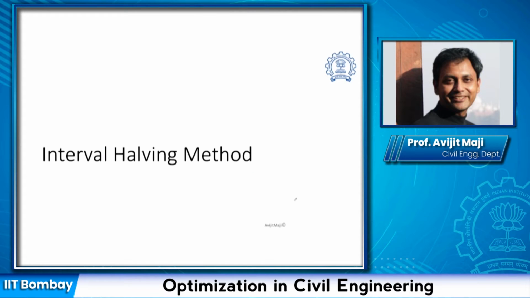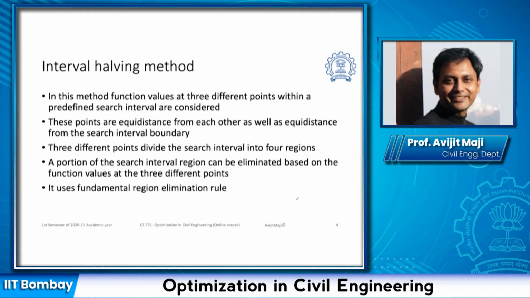In this interval halving method, we are required to evaluate the function at 3 different points within a predefined search interval, and these points we are considering as equidistant from each other.